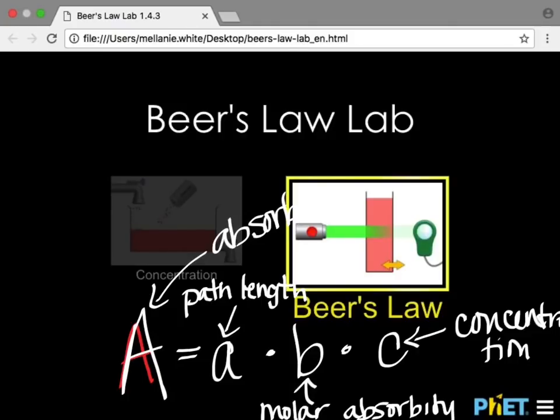So what we want to do is take a bunch of concentrations of a known solution.